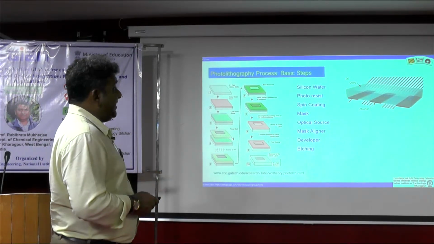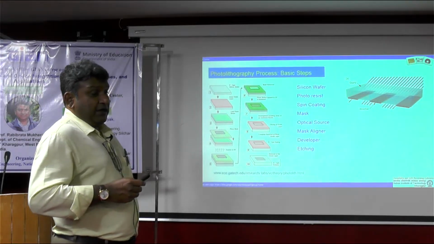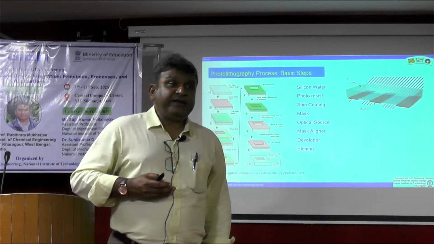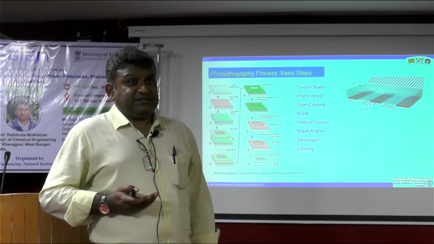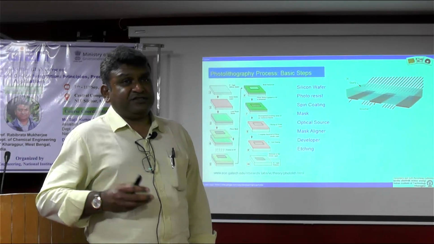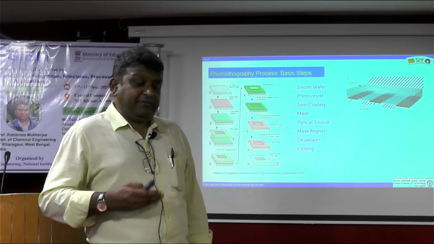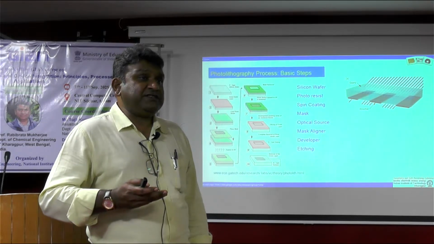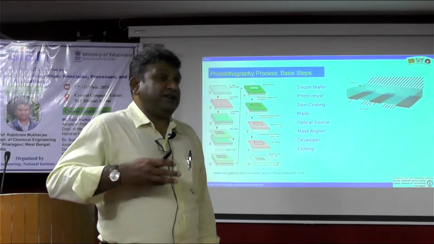So the whole idea is that this photoresist, upon exposure to light, changes its properties. Now, depending on the tone of the photoresist, whether you have a positive photoresist or a negative photoresist, it might actually enhance its properties, or its properties might degrade.